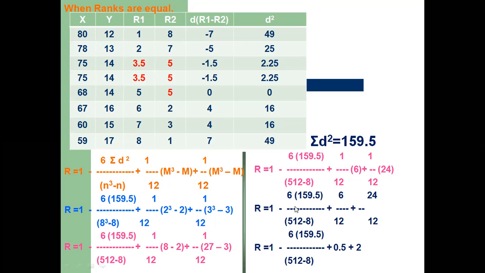Then r is equal to 1 minus 6 into 159.5 plus 6 by 12 plus 24 by 12. When you cancel it, 6 by 12 gives you 0.5, and 24 by 12 is 2.